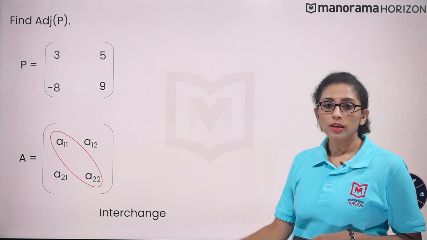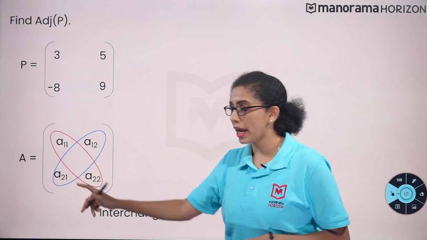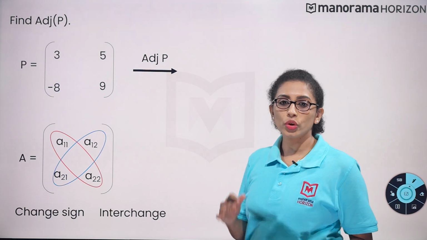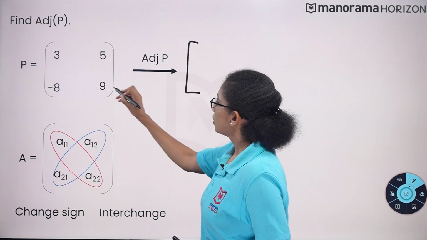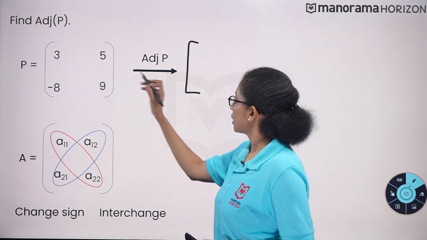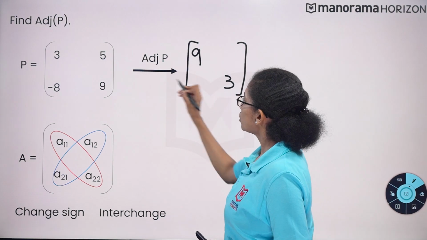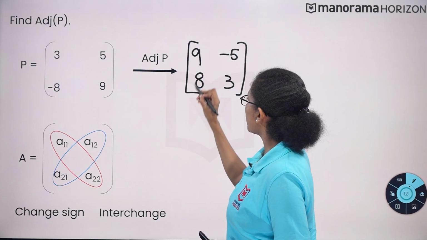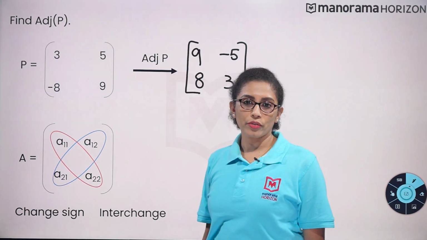Interchange the elements. Next, these two elements A12, A21. Change the sign of the elements. So you will get the adjoint of P is equal to matrix, interchange, change the sign. So here 9, here it will be 3. Change the sign, so we will get minus 5. Minus of minus 8 will be 8. So this is the adjoint of this particular matrix.